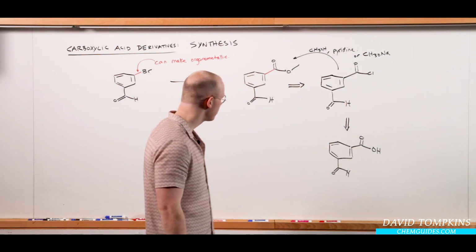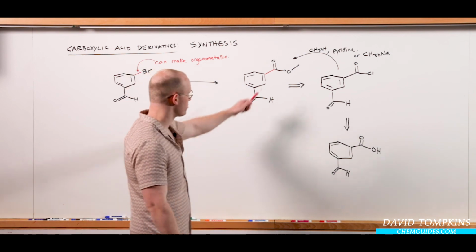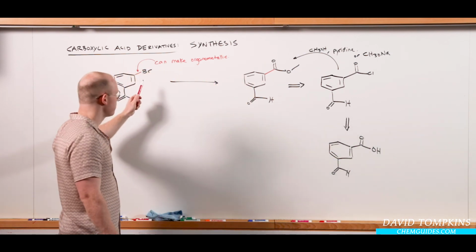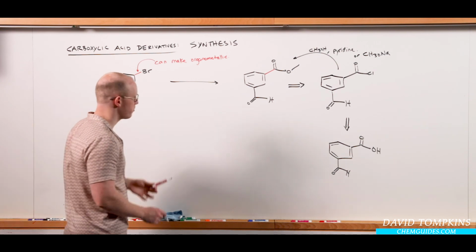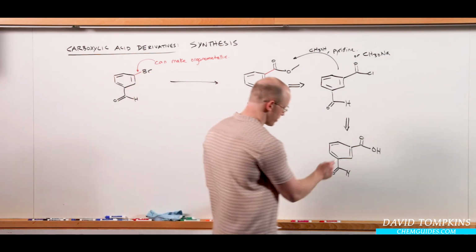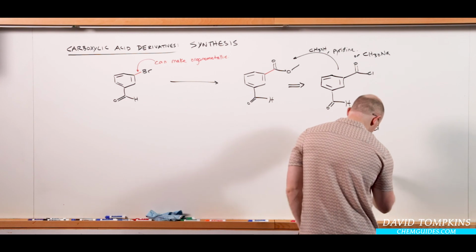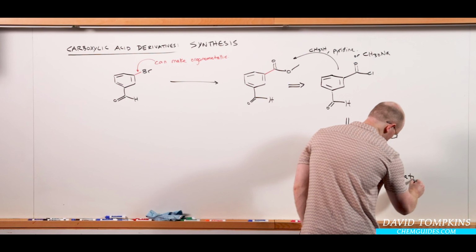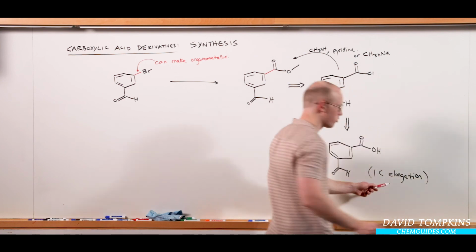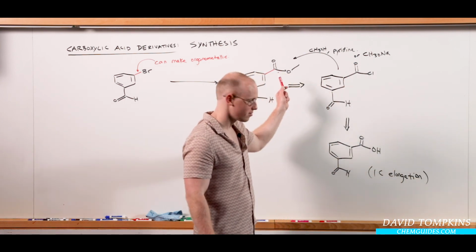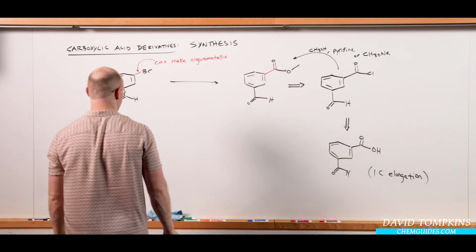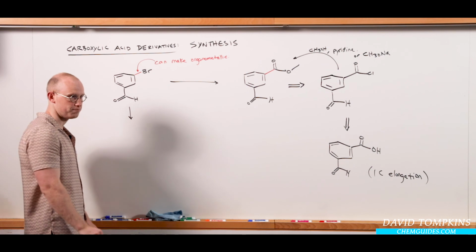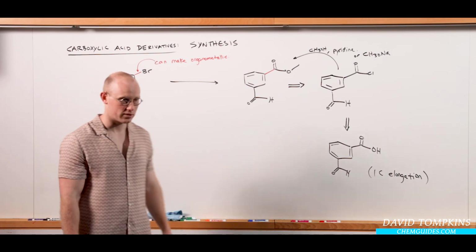And now we see we need to make a carboxylic acid derivative from a carboxylic acid, which can be made from a bromide. So when you do this one carbon elongation, this has one more carbon than the starting material. And you get a carboxylic acid or one of its derivatives in the products, you should think carbon dioxide. So I'm going to turn this into a carbon nucleophile that can then react with carbon dioxide.